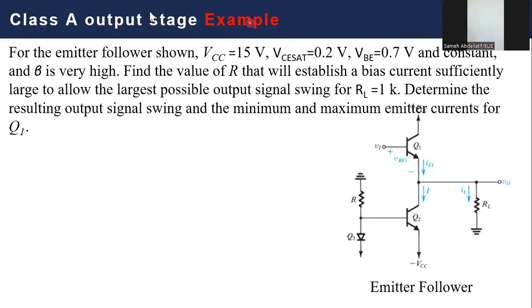Okay, so first, let's read this question carefully and discuss together what is the main given of this question. For the emitter follower shown, VCC equals 15 volts, VCE SAT is 0.2, and VBE is 0.7. And a constant beta is very high.